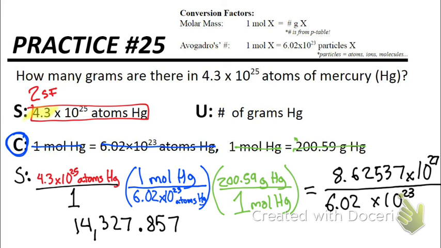So we're going to underline our top 2 place values, and we're going to round. Because the next digit is less than 5, we're going to go ahead and round down. So your final answer is going to be 14,000 grams of mercury.